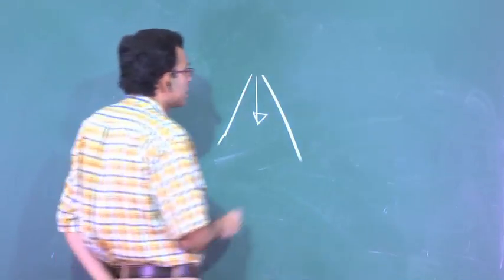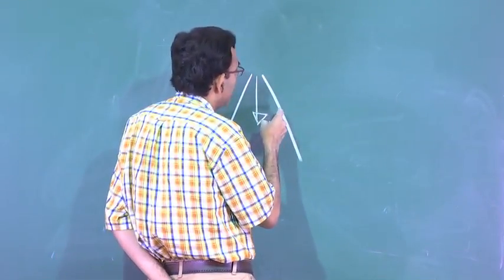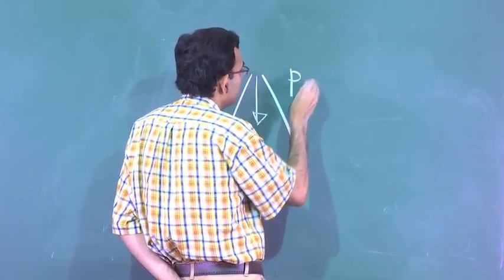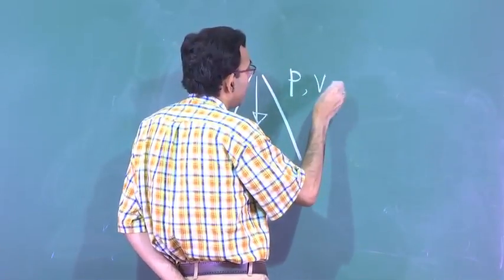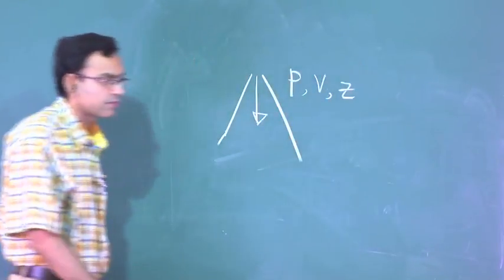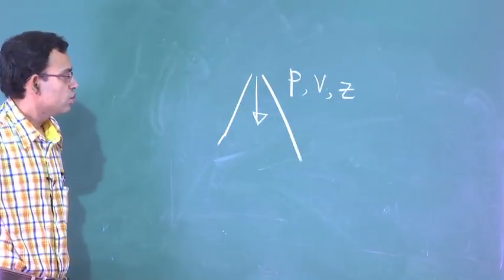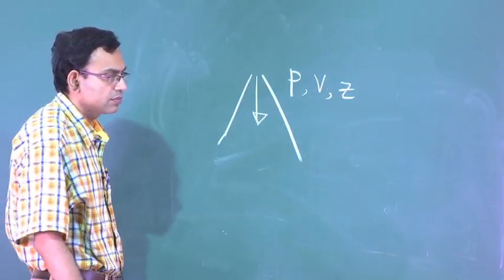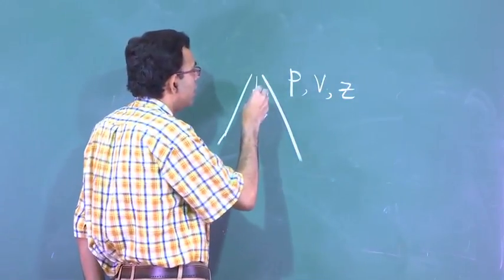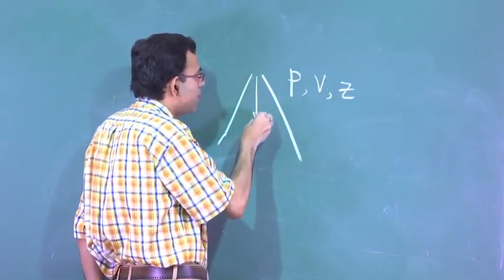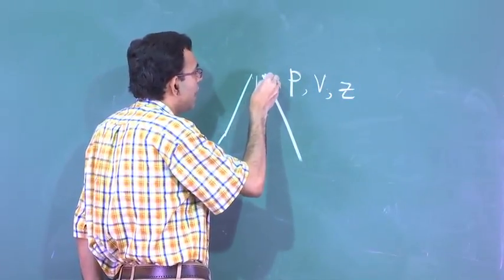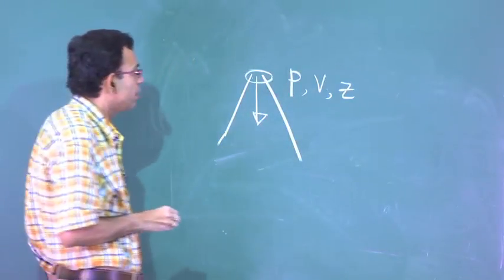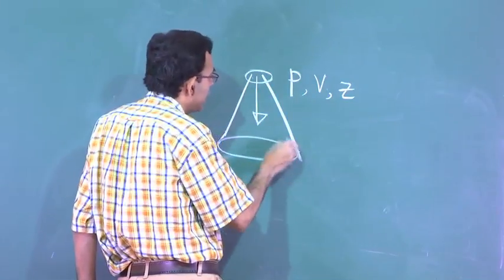So, if you are dealing with inviscid flow, you can deal with the parameters pressure, velocity and height. So, if you have this type of cross section, the average velocity here and the average velocity here, which will be more?